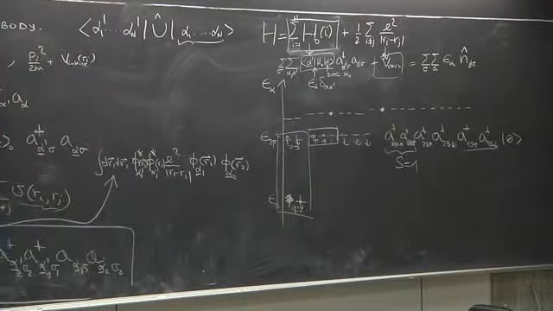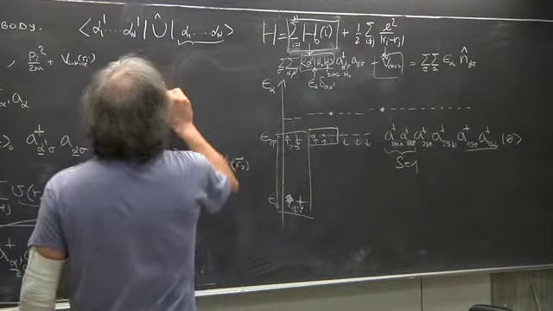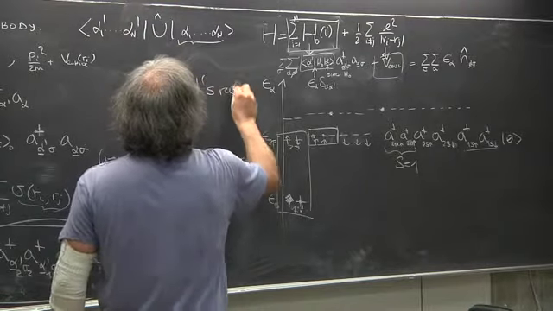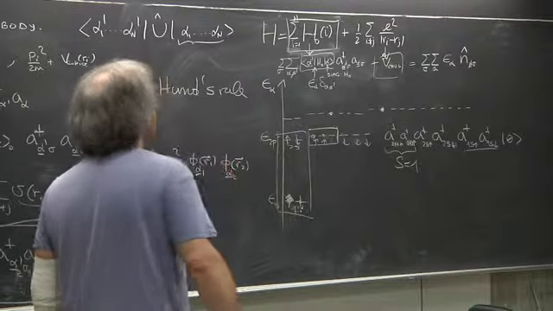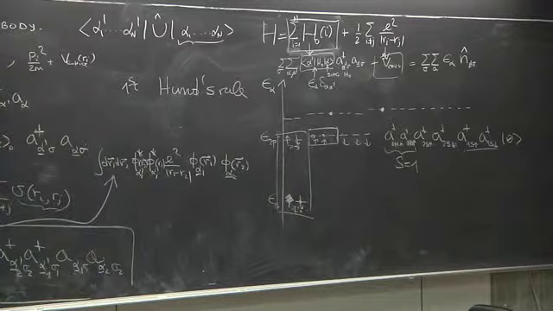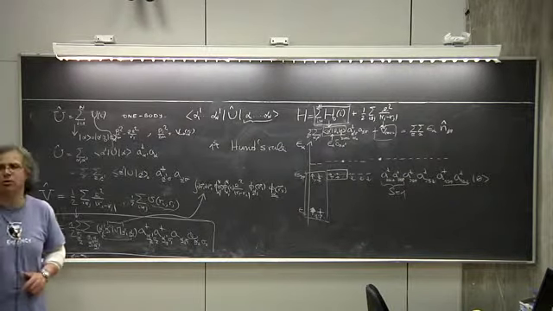Now, this is called exchange. This is due to exchange. Another name for this physics is Hund's rule. Maybe you have heard of them. This is in particular the first Hund's rule. If you have degenerate orbitals, degenerate atomic orbitals, then the thing you have to try to do is to maximize the spin, rather than putting the electron wherever you want.